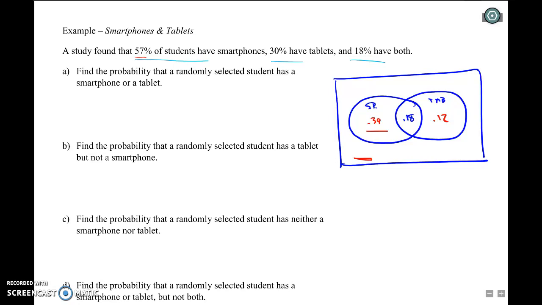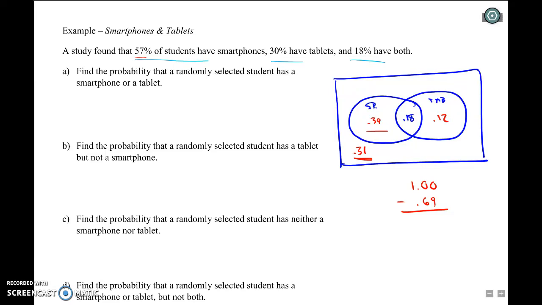So that would be 100% minus 30 plus 39, which is 69. So this represents the 31% that own neither. Okay?